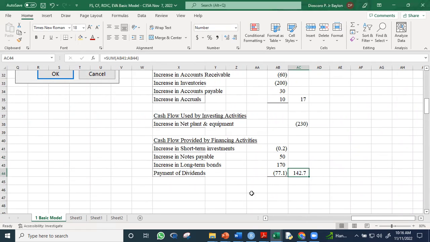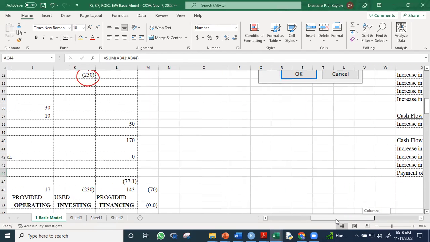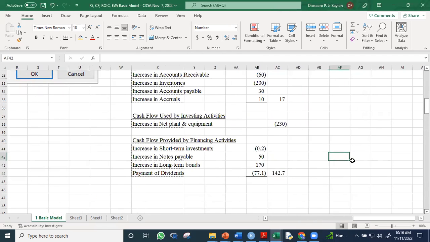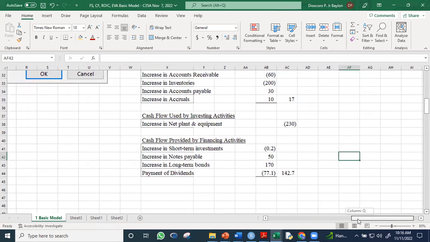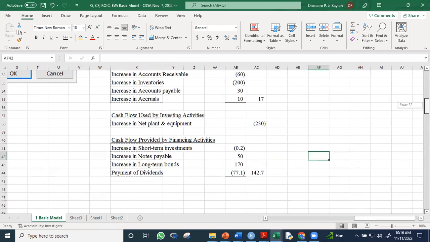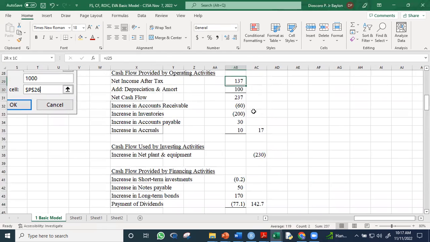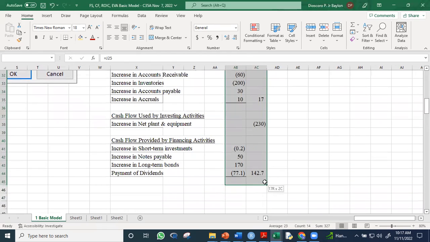Oops, wait. Is that correct? Yeah, okay. Maybe just to be consistent, get one decimal place.